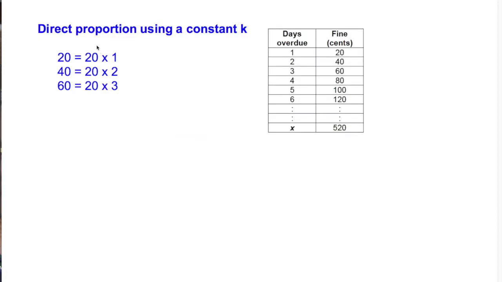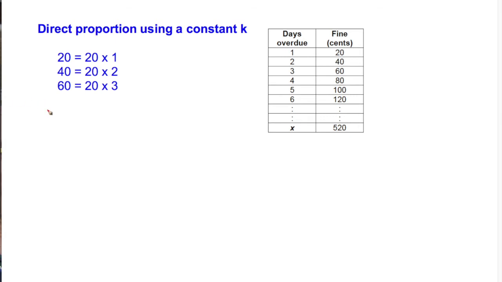Now we will see direct proportion using a constant value k. We use the previous example of the library fines. If we look at the table, we realize that 20 is actually 20 times 1, 40 is 20 times 2, 60 is 20 times 3.